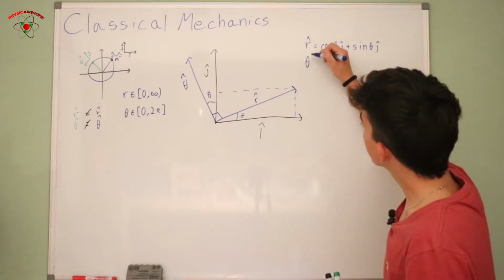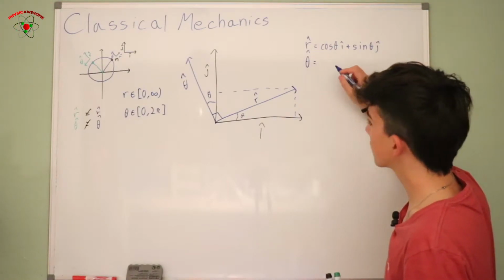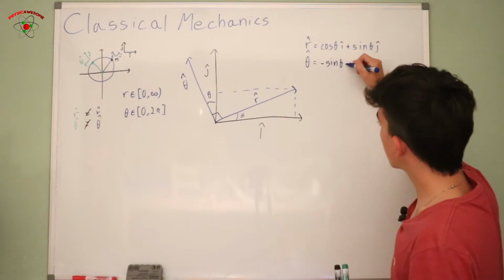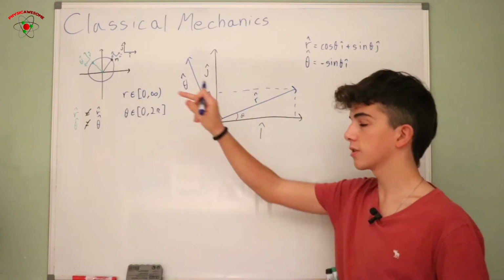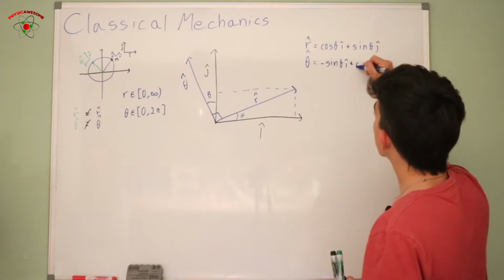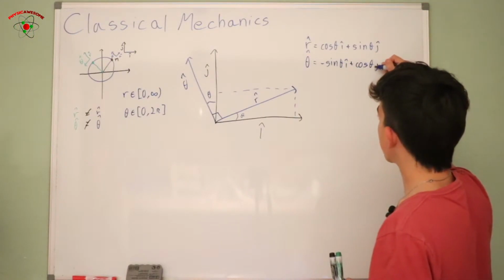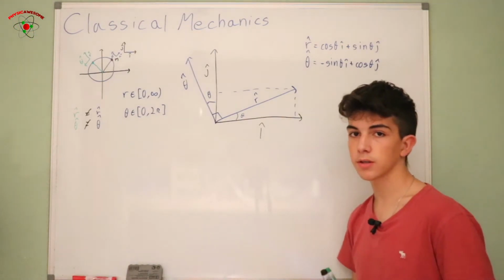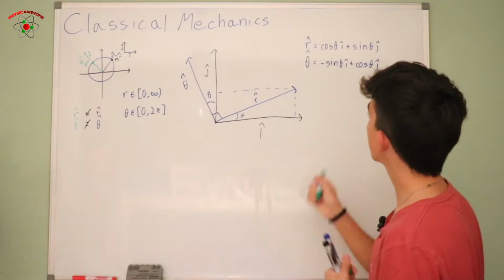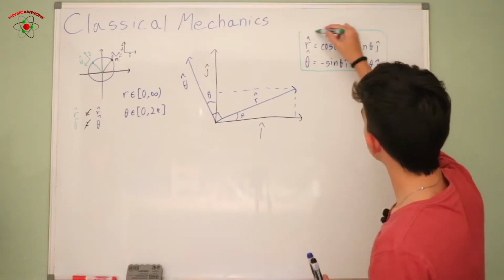Similarly, theta hat will be minus sine theta in the i hat direction, as it is pointing that way, plus cosine theta in the j hat direction. This relationship will be very useful, and therefore I'll box it.